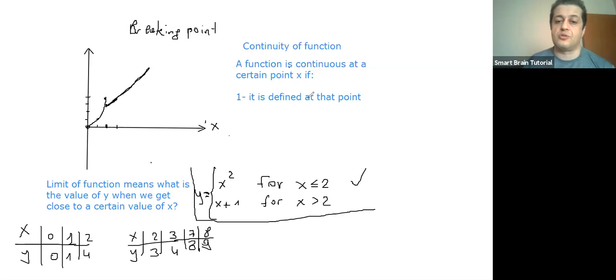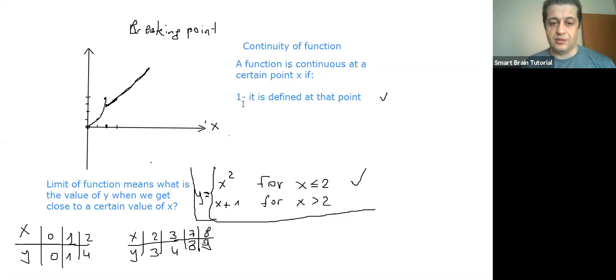So the condition for a function to be continuous is that the function must be defined at a certain point. Now our function is defined at x equal to 2, because we have x smaller than or equal to 2, so the first function includes the value 2 as well. So our function is defined at the point of suspicion.